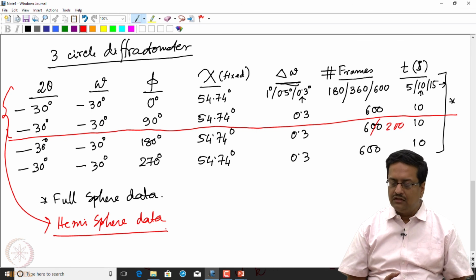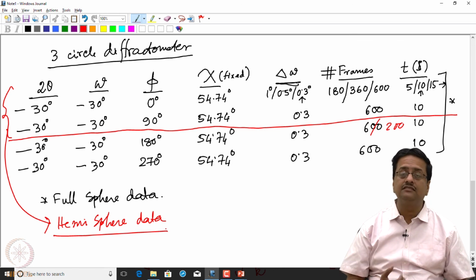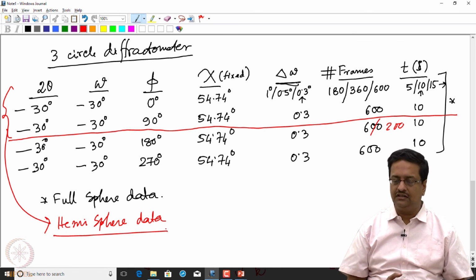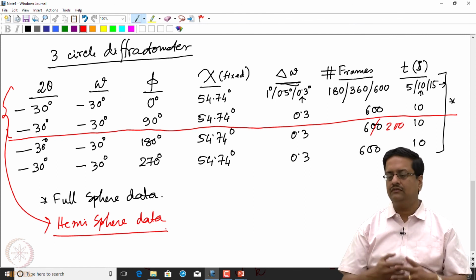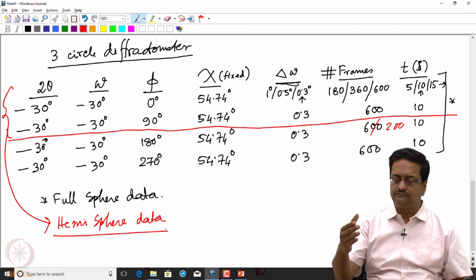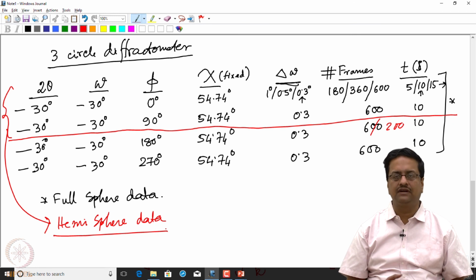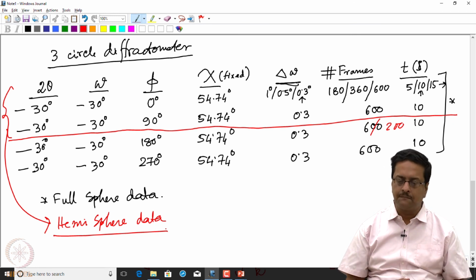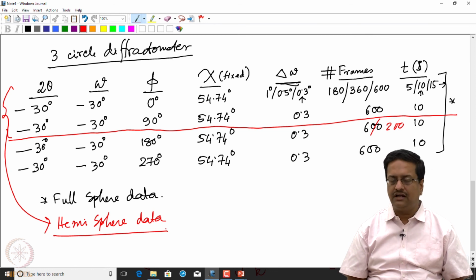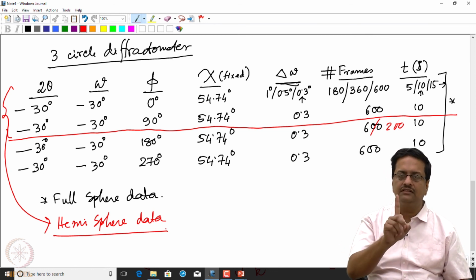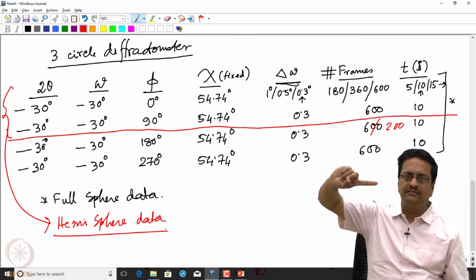So, if we have access now to a 4-circle diffractometer, the fixed value of chi is no longer fixed. Chi can be changed, and because of chi being changed, the crystal can be aligned from vertical to exact horizontal.